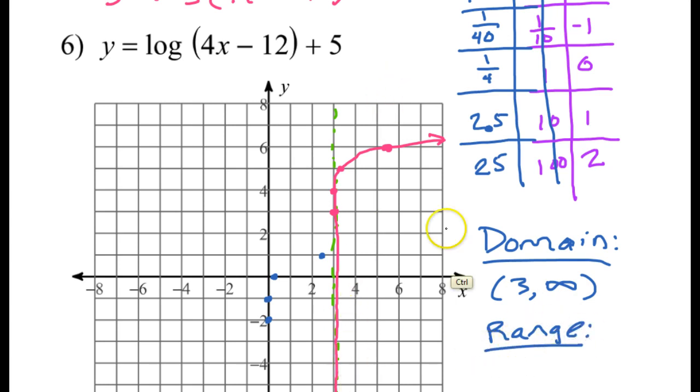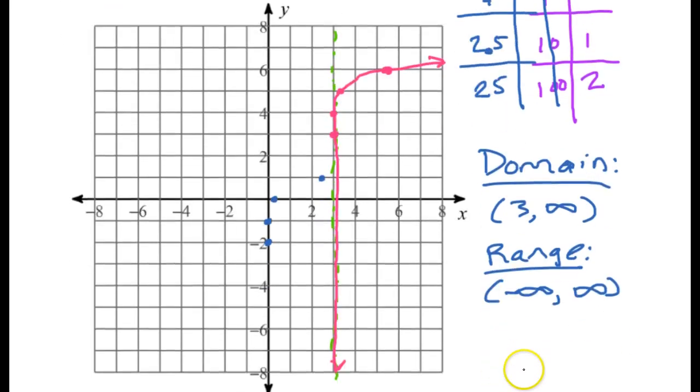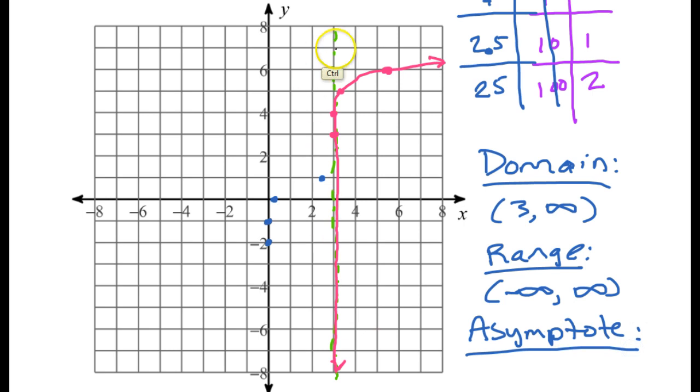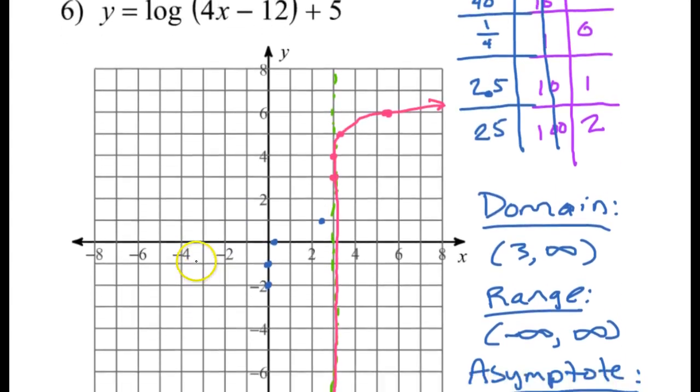It goes down forever and then up forever. So that's -infinity to +infinity. And then the asymptote is the vertical line x equals 3. So that is how you do problem number 6.